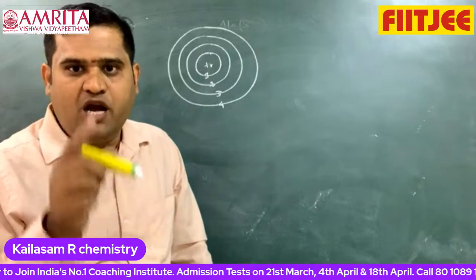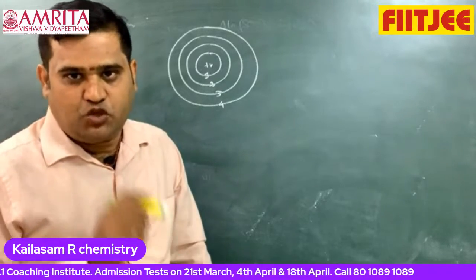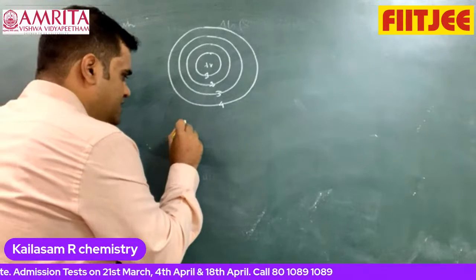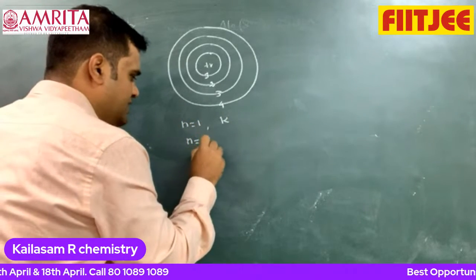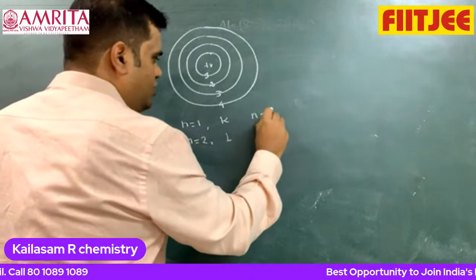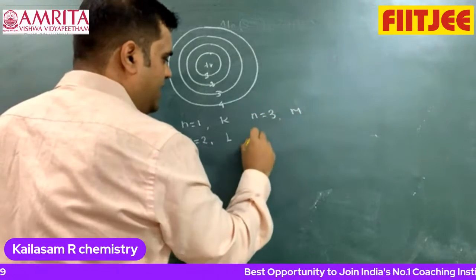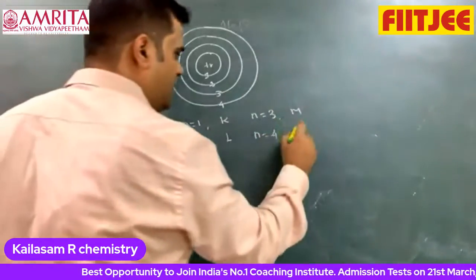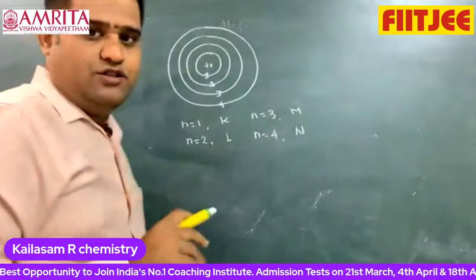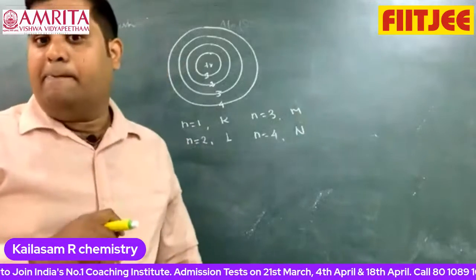The energy of the orbit remains constant. When n is equal to 1, it is called the K shell. When n is equal to 2, the L shell. When n is equal to 3, the M shell. When n is equal to 4, the N shell. This is the idea Bohr gave.